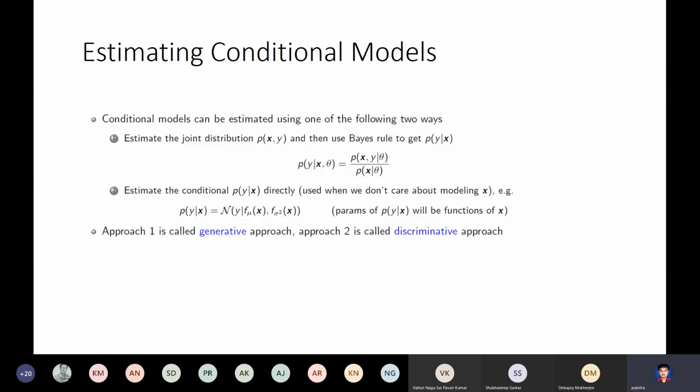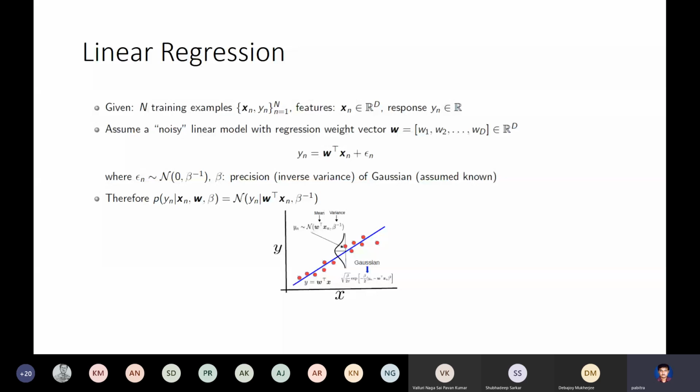So let us go to the simple regression model, which is the linear regression model. All of you definitely know what linear regression is, but we'll interpret it in a slightly different way.